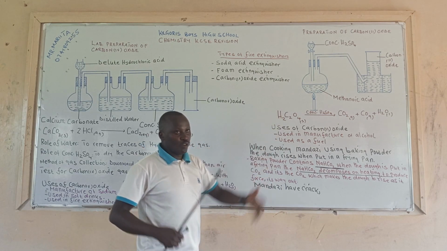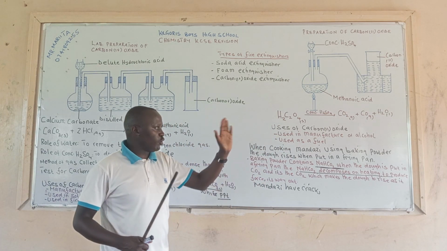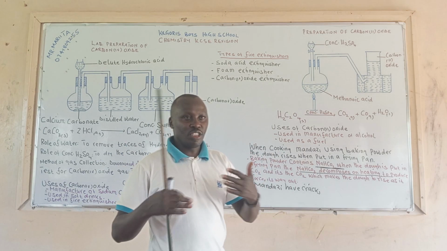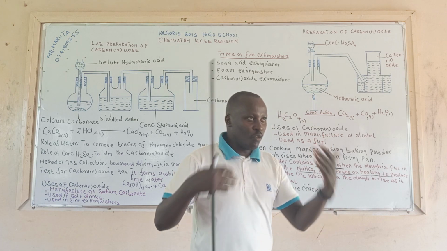Now, what are the uses of these gases? Carbon dioxide gas is normally used in the manufacture of alcohol, or you can also say it is used in the manufacture of fuel.